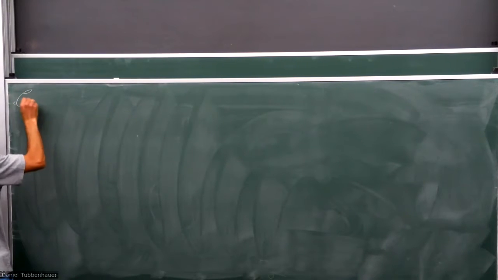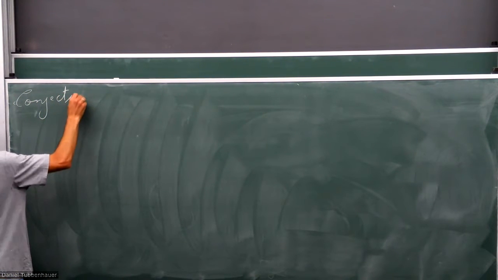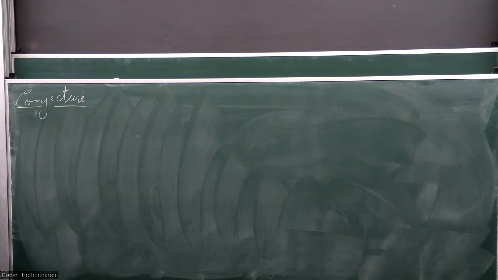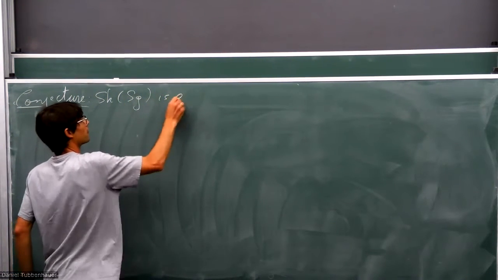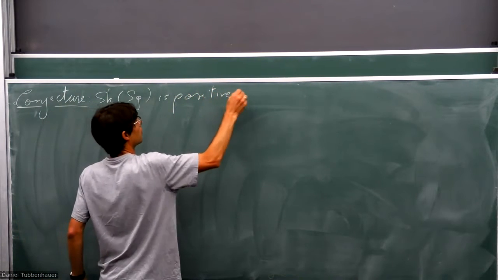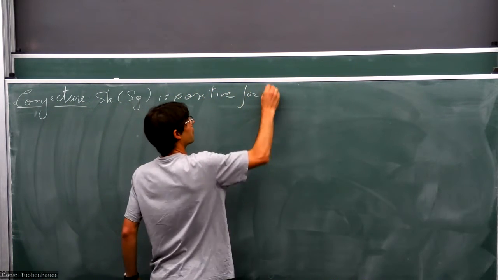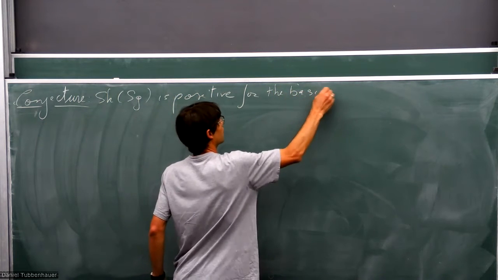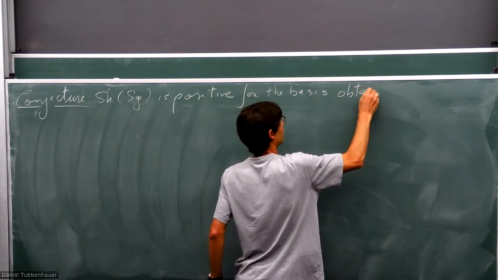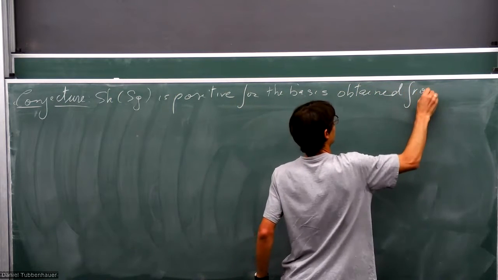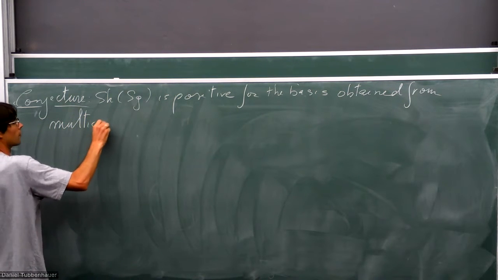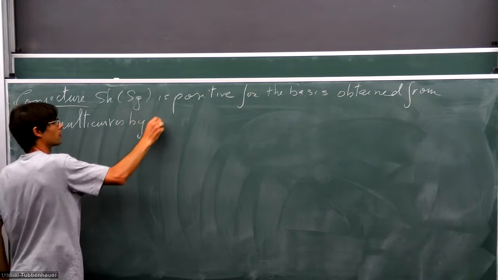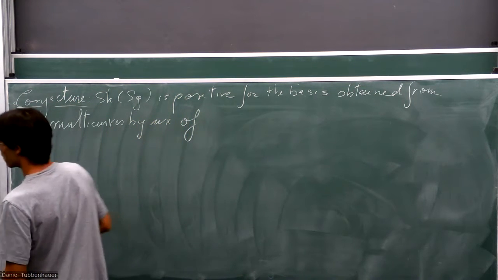All right, so the conjecture that the Skein of SD is positive for the basis obtained from multi-curves by use of Tn.